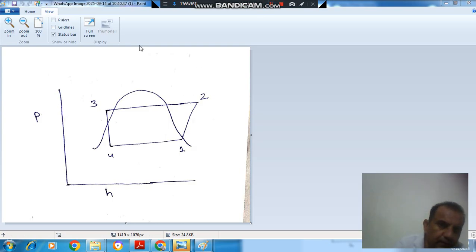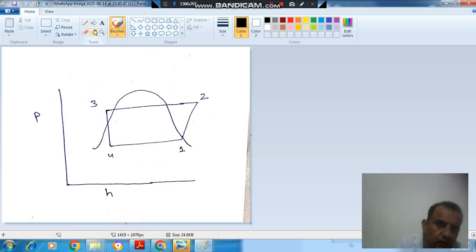So this is the p-h diagram of the cycle. Here 1 is the entry point of the compressor and 2 is the exit point, and enthalpy is increasing in it. 2-3 is condenser, 3-4 is isenthalpic process, and 4-1 is evaporation.